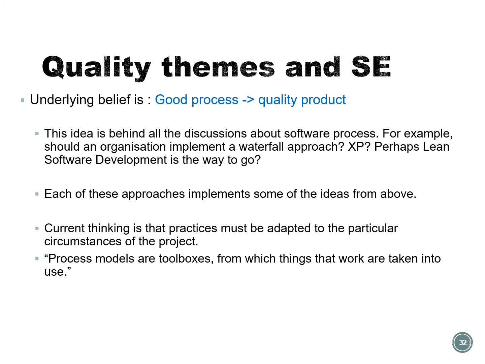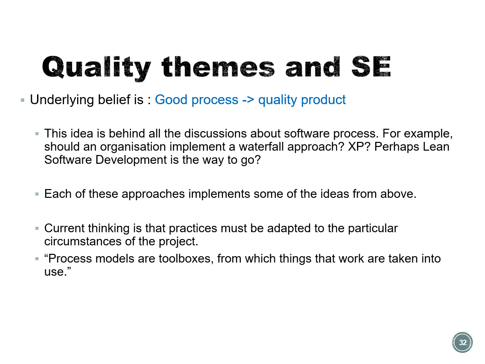So, taking this into real life. Is it always that a good process means a quality product? I'd argue that it doesn't. Of course, this is very heretical for me to say, but even if we have an excellent software engineering process, it doesn't mean anything about the product quality.